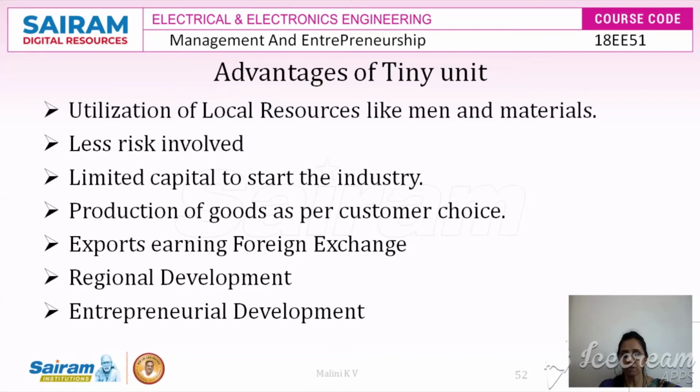So many people are interested in opening this kind of tiny unit, and the capital requirement is also not huge. It is limited, and the production of goods is as per the customer's choice. As for exports, if the bakery is very good and its products are very popular, then it attracts exports. So it goes with foreign exchange.